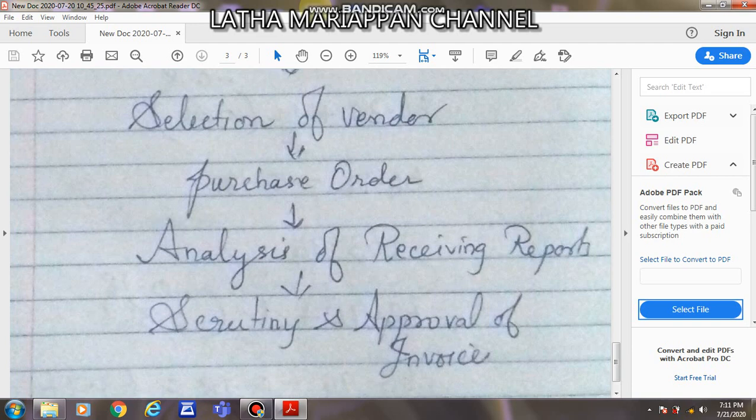The purchaser's job does not end with issuing the purchase order. You are running a business, and once you send a purchase order, your job does not end with that. You have to follow up to ensure that the order is delivered in the stipulated time.